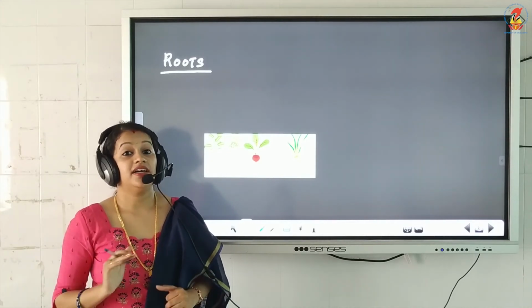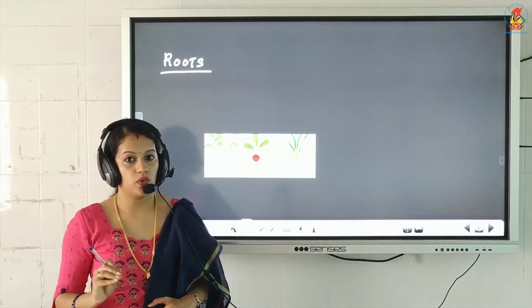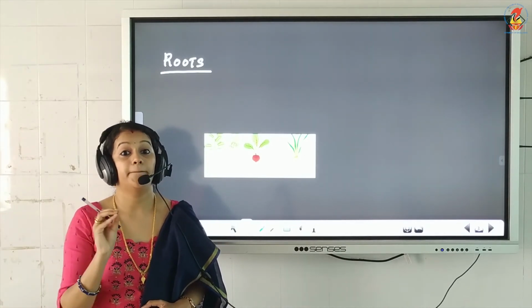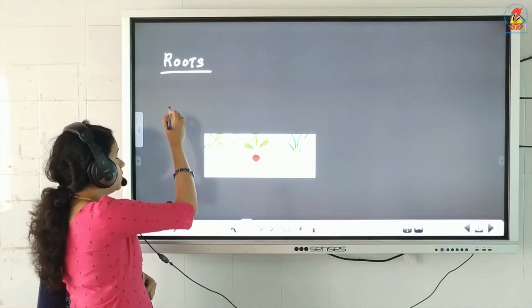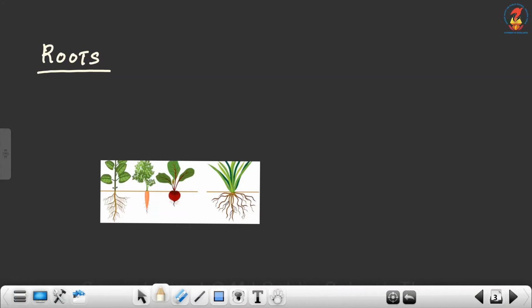Then another major role of the root is to absorb minerals and water from the soil. So roots also help the plant to stand firmly in the ground.